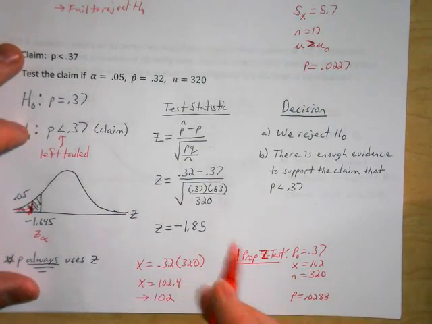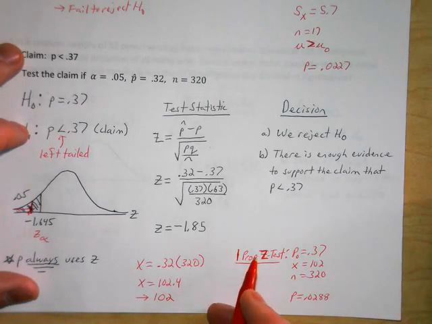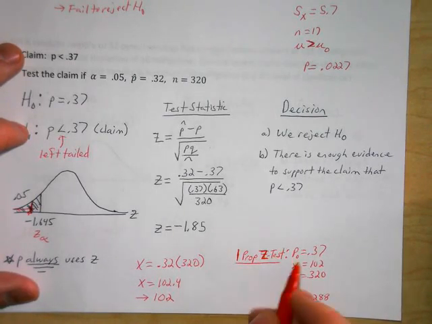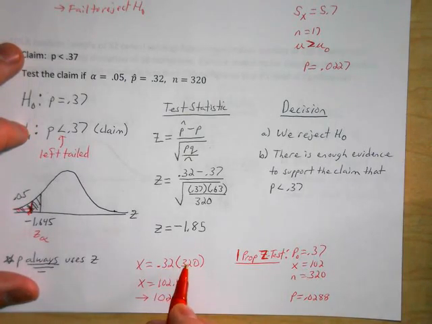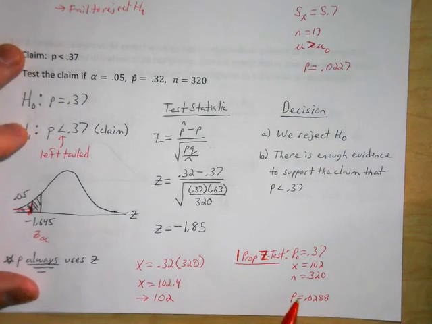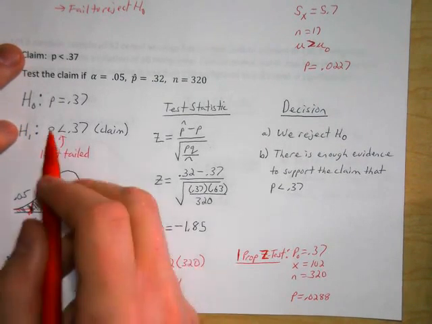And again, this is what we put in our calculator. One proportion, that's a z-test. P naught is 0.37, and then the x we had to find, and that was tricky because of the p hat times n. And there's our p-value there. And again, do not confuse this p-value with the p up here.